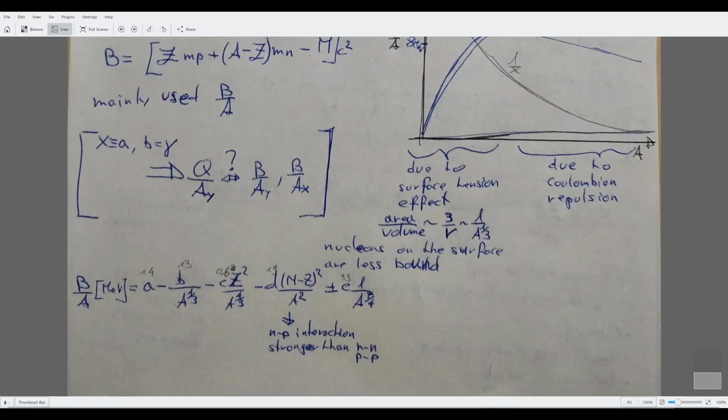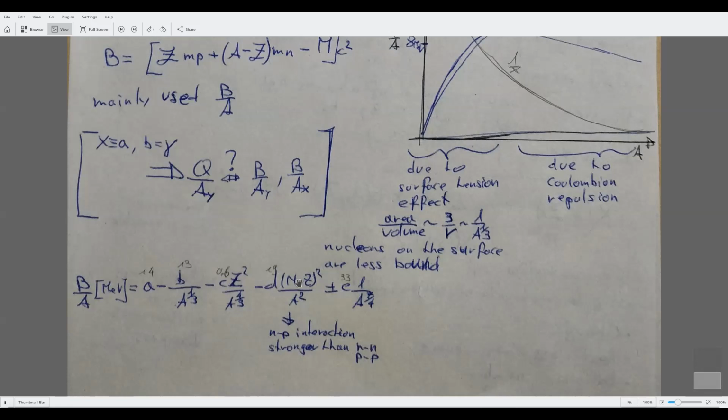The second term is the Coulombian repulsion. Then there is this factor taking into account N, the number of neutrons, and Z, the atomic number, the number of protons, considering if there is a difference.